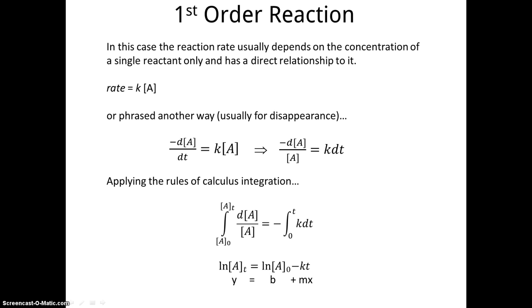This fits the form of a line. So we're not saying it's actually y, we're saying it fits that form where my y would be my natural log at some time, my intercept is the natural log at the beginning time, and my slope then is negative k. So it's all dependent on t.